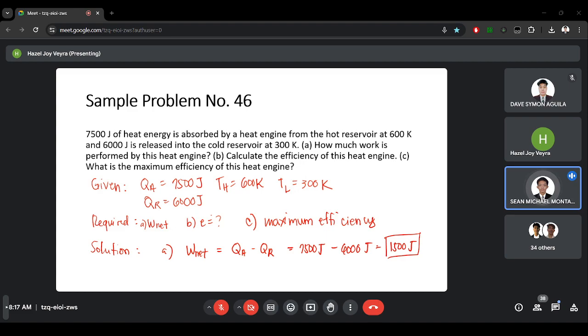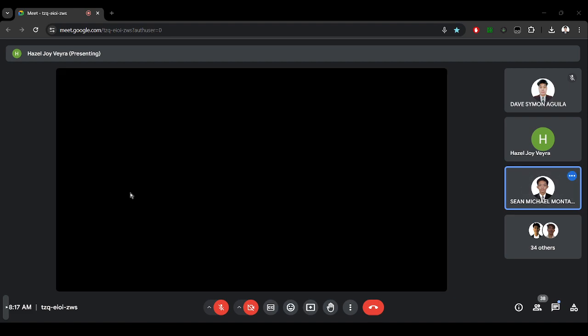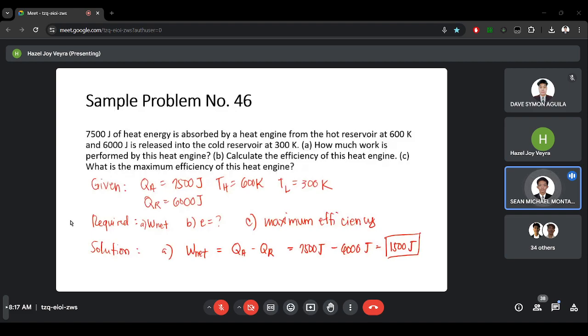Ma'am, what I used for the efficiency is 1 minus TL over TH, times 100. That is for the maximum efficiency. Let's use the work net over QA for the efficiency here. Sige.